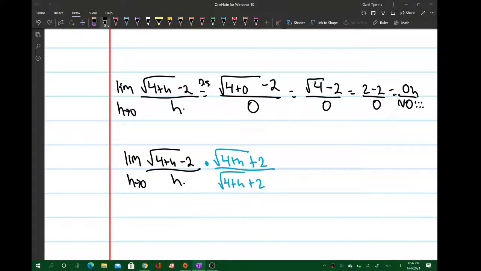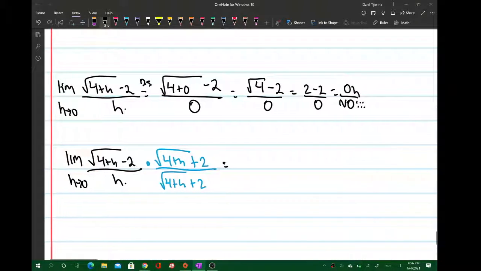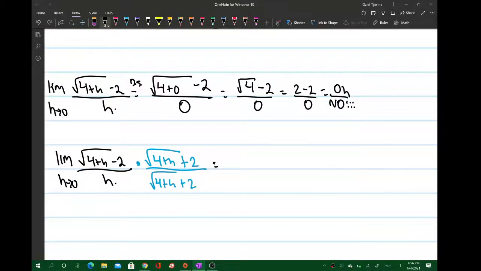This is equal to, so again, if you know by memory the sum and difference pattern, that's great, because that saves you a lot of time.